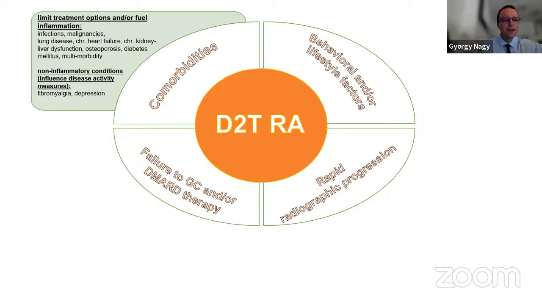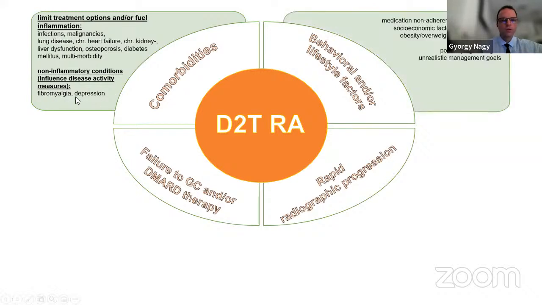For example, infections and malignancies will fuel the inflammation big time. Lung diseases, chronic heart failure, kidney failure, and so on are conditions which may limit treatment options and so may contribute to and accelerate the inflammation. There are some non-inflammatory conditions as well, which may represent a significant problem, such as fibromyalgia or depression, which may also contribute as comorbidities to difficult to treat disease.